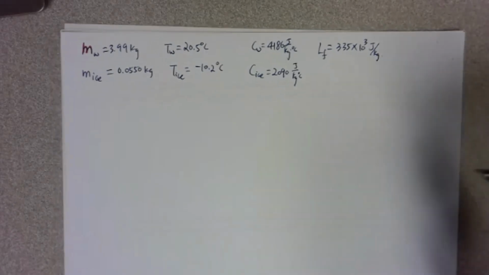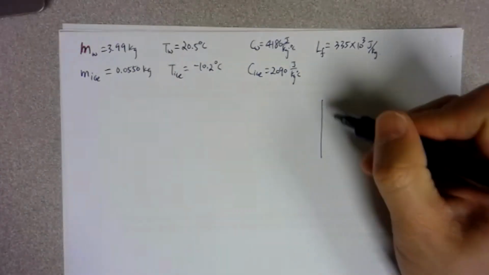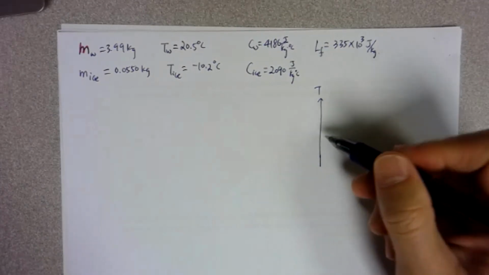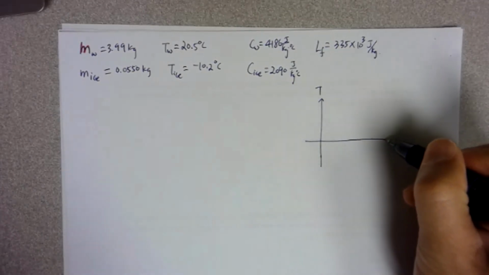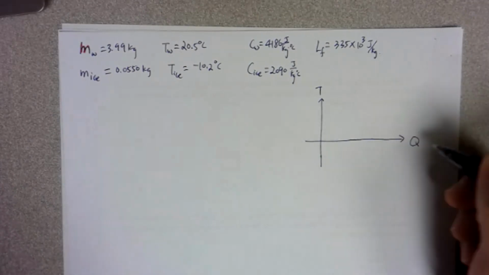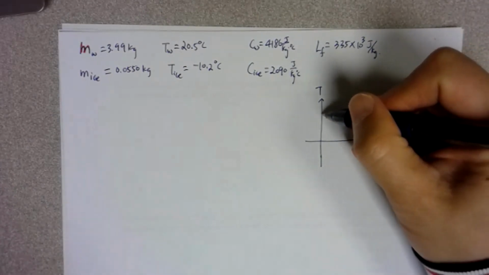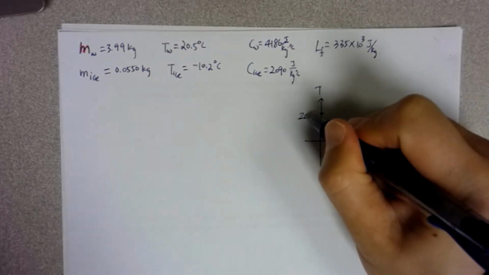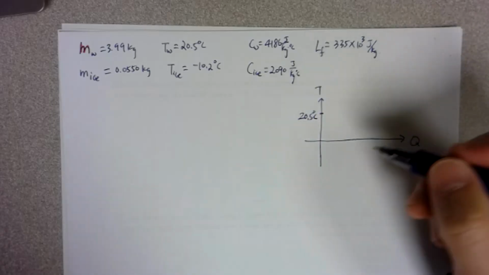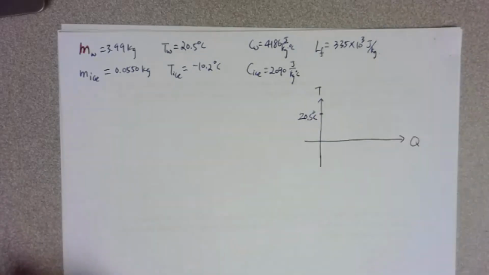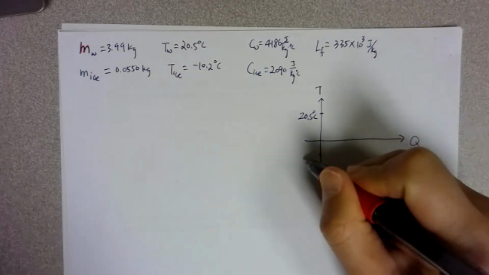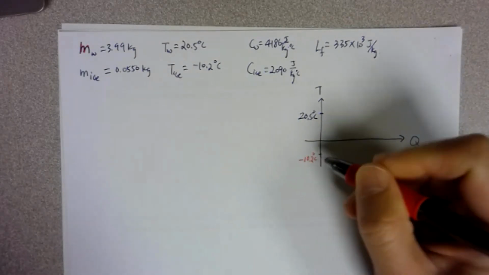Let's have a similar plot here. So this would be the temperature, and then this is going to be the heat exchange. So let's say this is a starting point for water, 20.5 degrees Celsius. And the ice starts at minus 10.2 degrees.